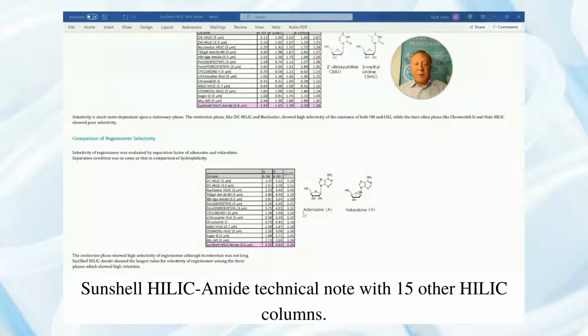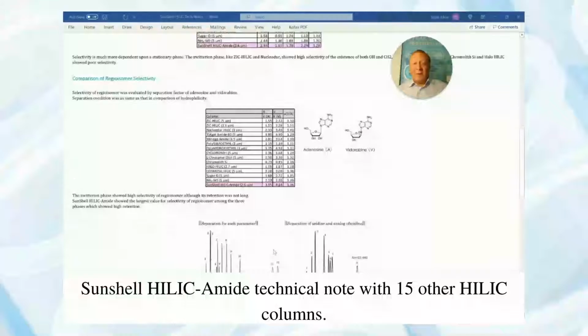However, the separation factor was not as high as some of the other columns. In the case of the Sunshell HILIC-Amide column, the selectivity holds up pretty well, but the separation factor was the highest of all the columns involved.